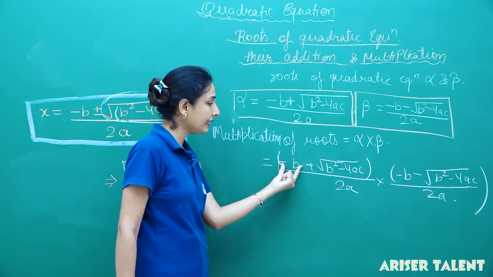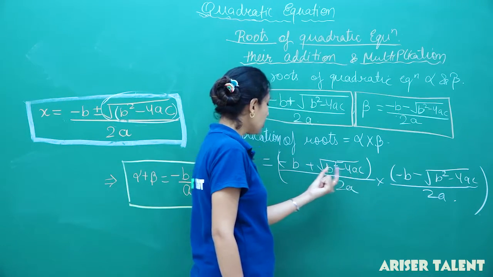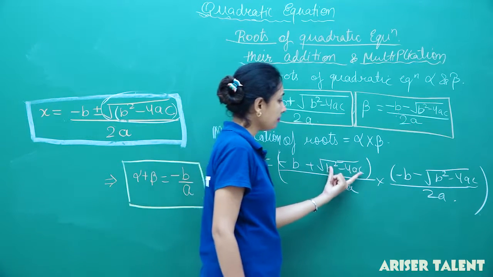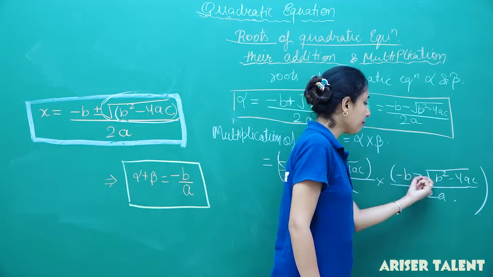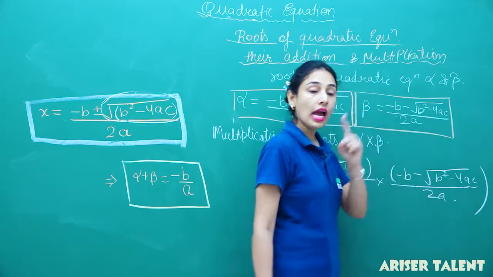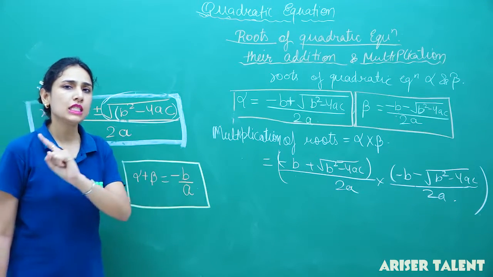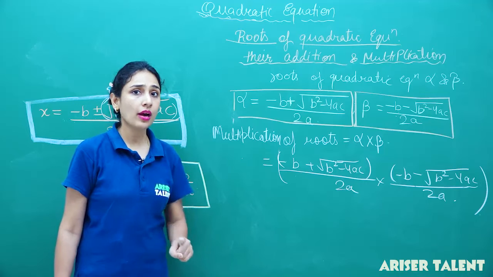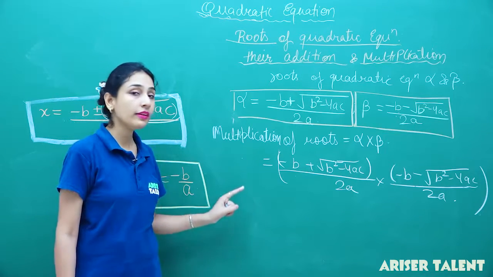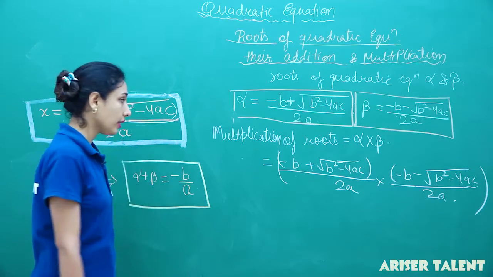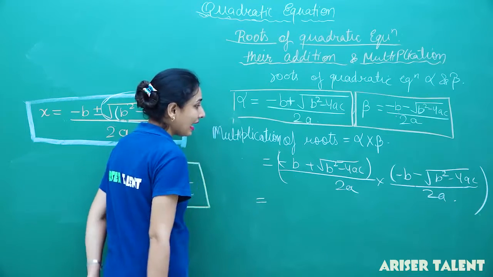Now students, can I apply a simple formula? I will take this as a and this as b. So this will be a plus b multiplied by a minus b. Having the formula in mind, a plus b into a minus b is nothing but a square minus b square. Can I solve it? Right? Okay. So what will I have?